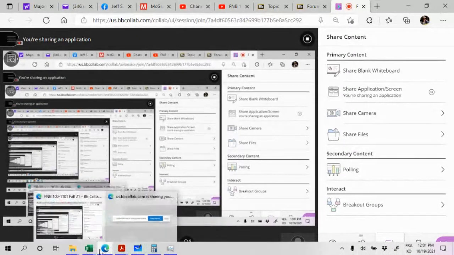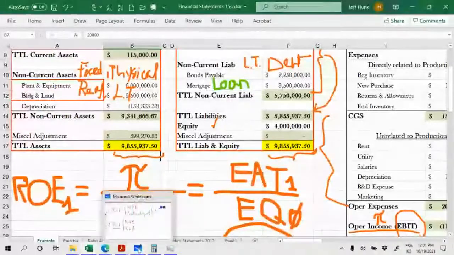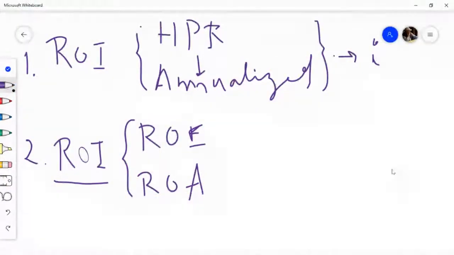So, as a representative indicator of return on investment from the firm's perspective, these are ratios basically, and two representative ones are return on equity and return on assets.